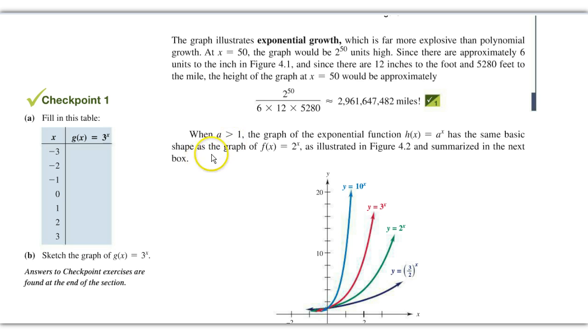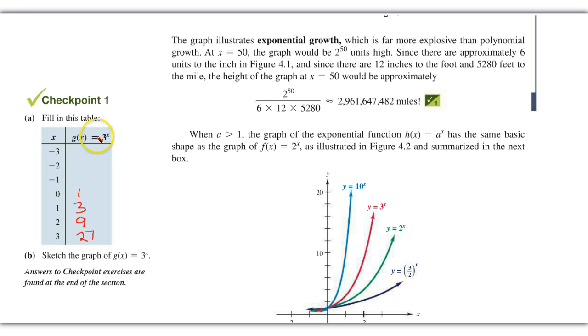Now, suppose we did this with y equals 3 to the x power. What would these be? Let's fill these in here. We'll start here. This will be 27. 3 to the second is 9. This would be 3. This would be 1.